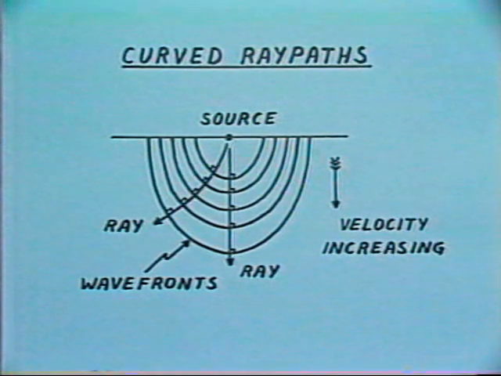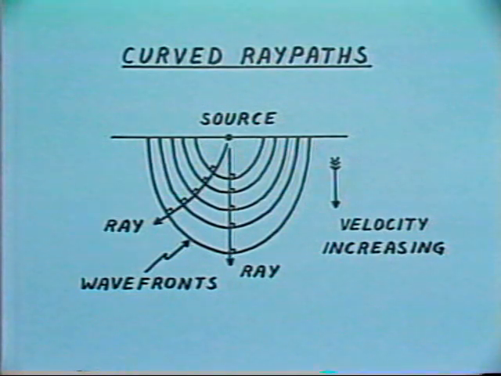Now, as we pointed out before, the velocity with which the wavefronts travel through the Earth tends to increase with depth. It's not a constant velocity in all directions. And this causes the wavefronts of the seismic energy traveling out from the source to be some other shape than spheres, in fact.